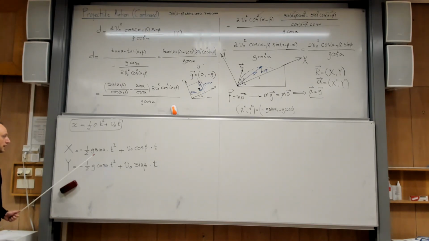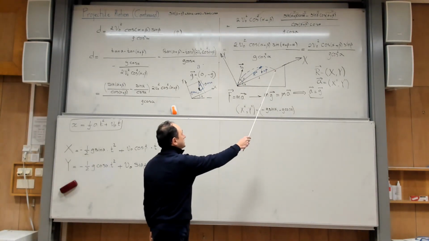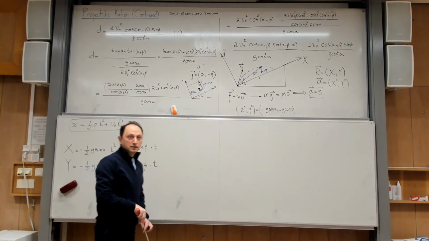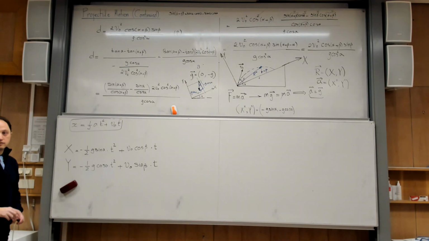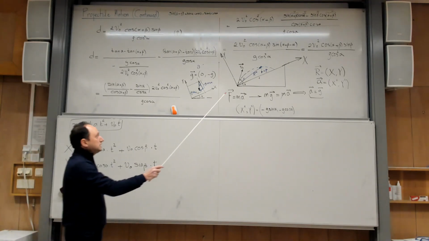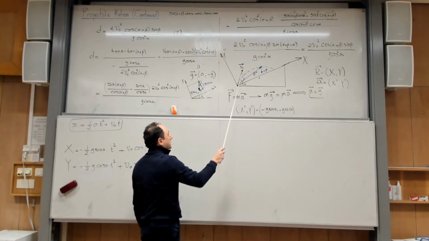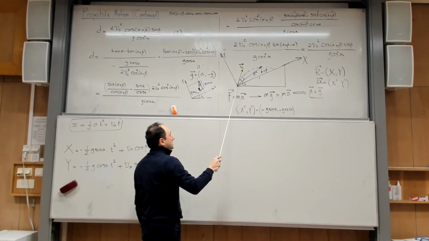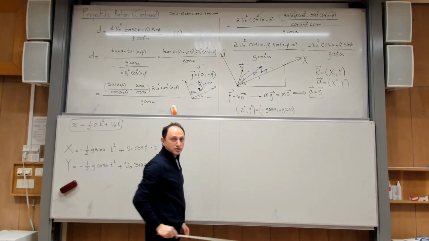Okay, now I have the equations here, and don't forget, I want to find what? I want to find this length. Yes? Okay, can you tell me what to do? So, this point and that point are the intersection points of my trajectory with the new x-axis.